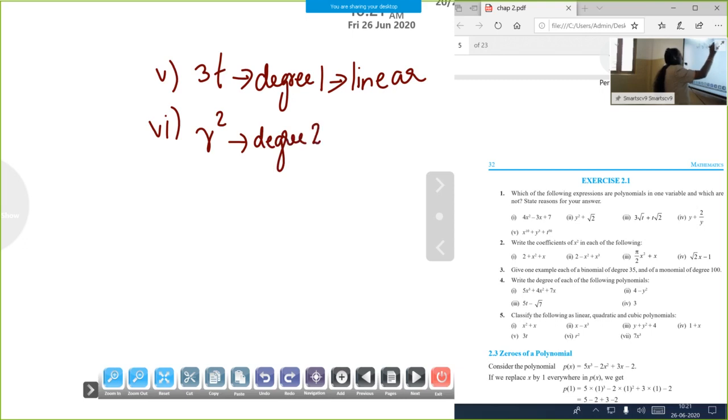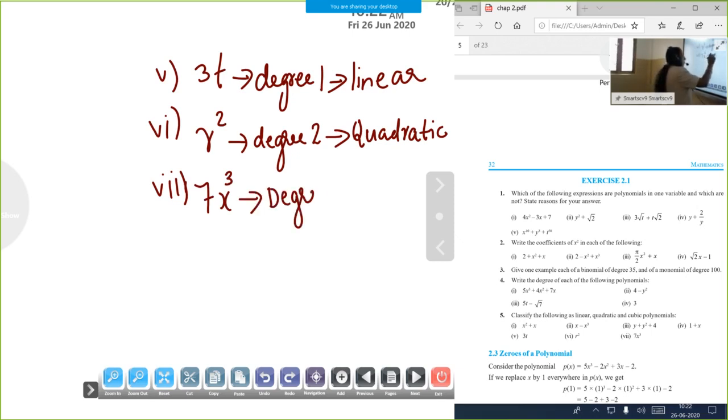Degree equal to 2. And which type of polynomial? If the degree is 2, you know that quadratic. And next one, 7x cube. Here the degree is 3. Which type of polynomial? Cubic polynomial.